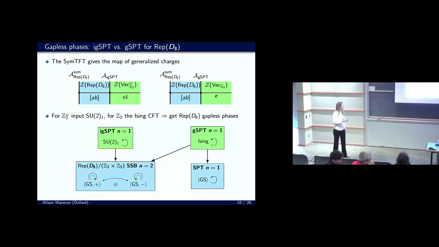That's for Vec(G). But for Rep(G), it's possible, in my opinion, that we could have a gapless phase which preserves this Rep(G) symmetry, but which can't go to an analogous Rep(G) SPT.